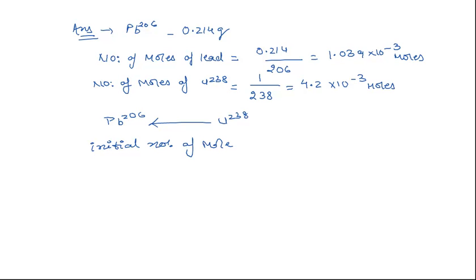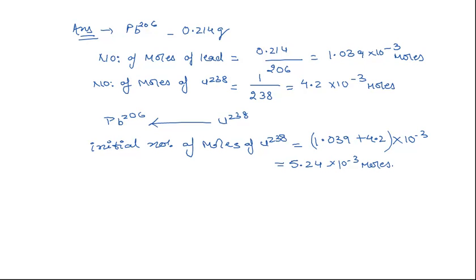So the initial number of moles of U-238 will be equal to the lead, that is 1.039 plus 4.2 multiplied by 10 to the power minus 3, and this would be equal to 5.239, that is 5.24 into 10 to the power minus 3 moles.